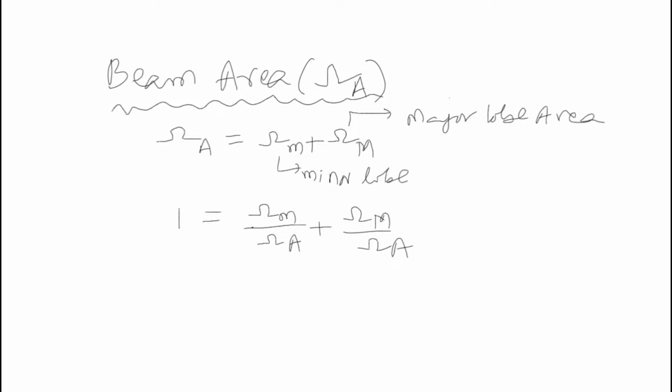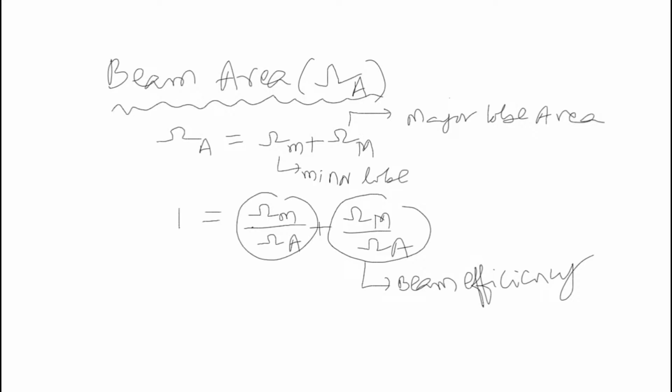This one is known as beam efficiency, because the major lobe indicates the direction of maximum radiation in the desired direction. And this other one is known as the stray factor.